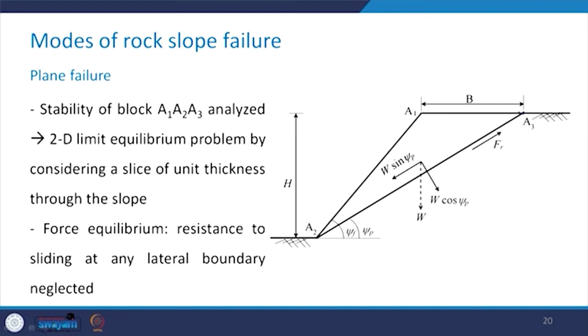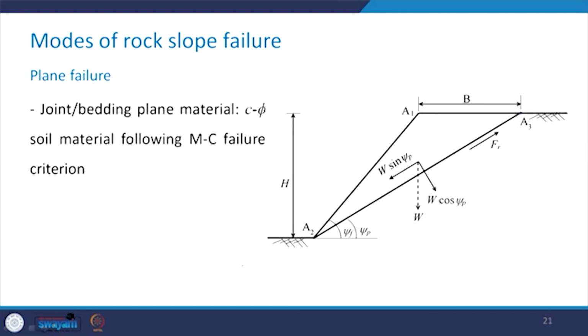What this means is that we take the unit dimension in the plane perpendicular to the plane of this screen. The force equilibrium condition is considered, and when we consider this force equilibrium, the resistance to sliding at any lateral boundary is neglected.